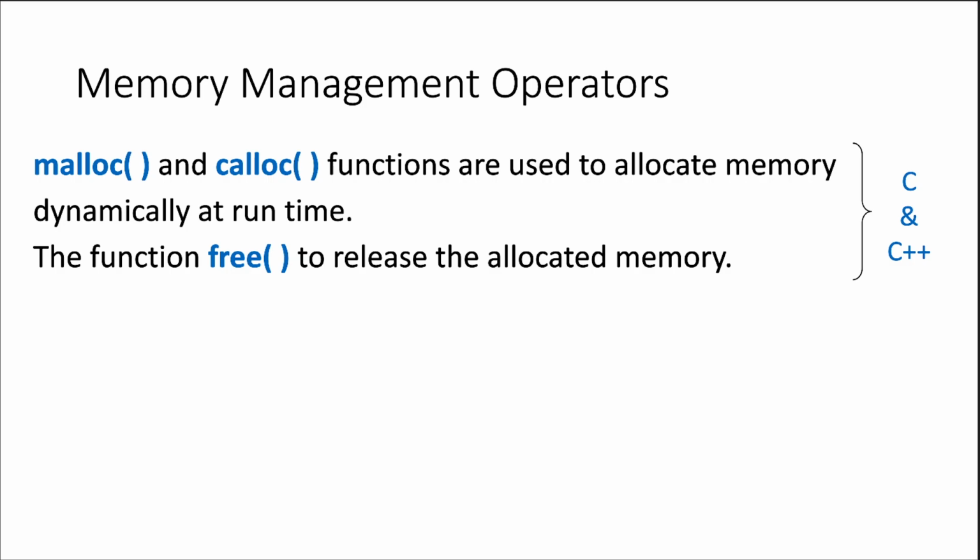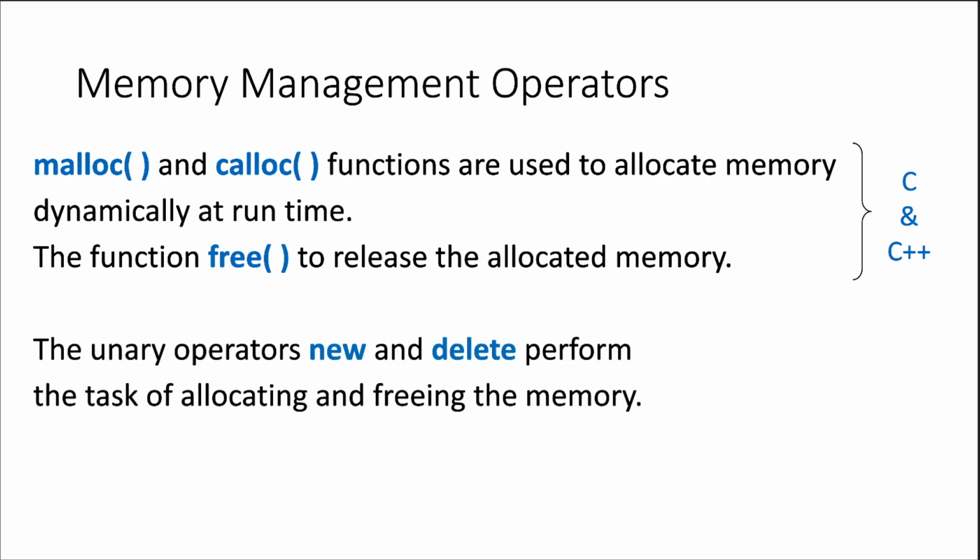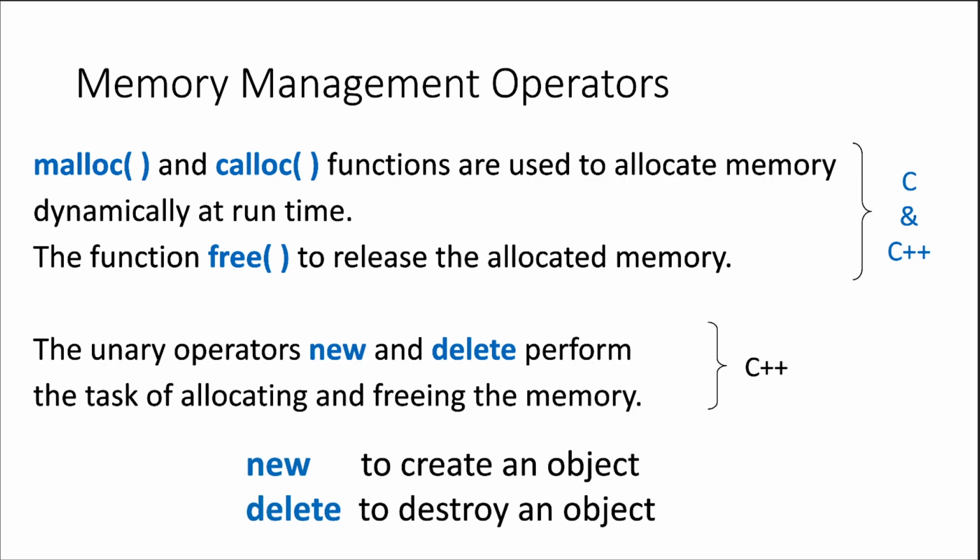Both C and C++ support these functions. But we have additional operators in C++ called new and delete, which perform the same task of allocating and freeing memory. That is only in C++. Clear? We will see how the new and delete operators are used. New is to create an object, and delete, as the name says, destroys the object.